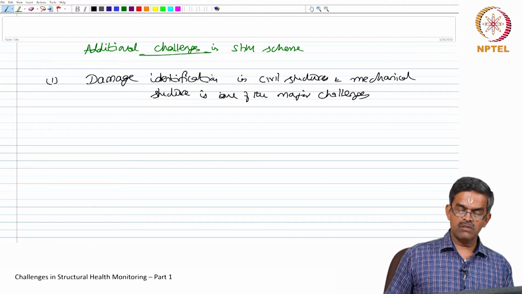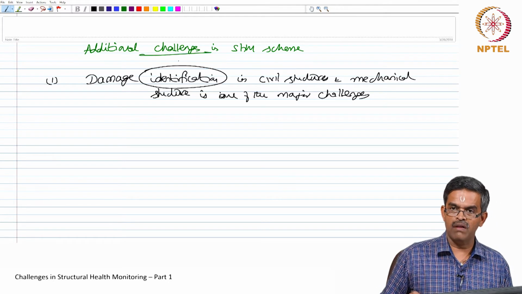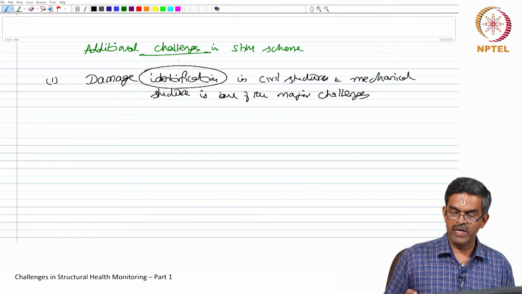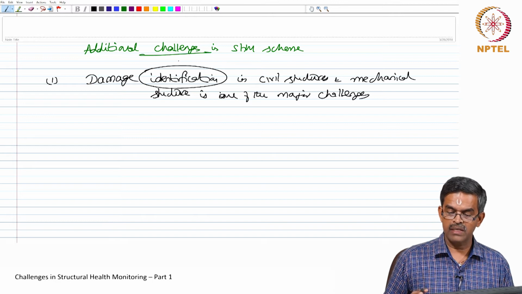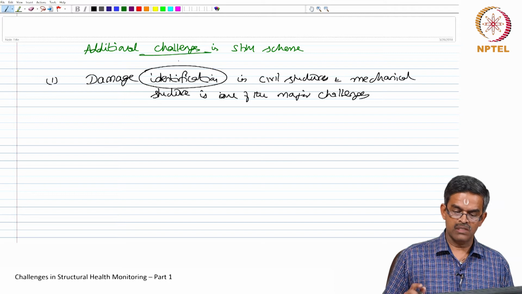For a given structural system, identifying, that is locating the damage itself, requires a lot of experience and lot of database comparison to really understand or identify parameters causing such damage initiation.